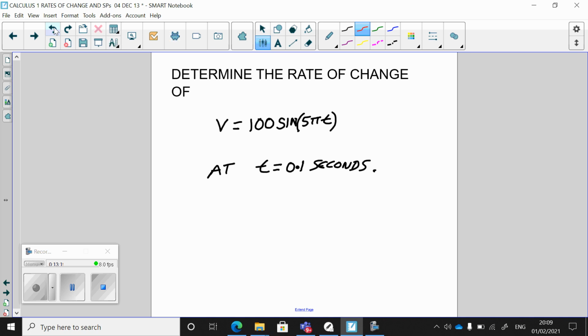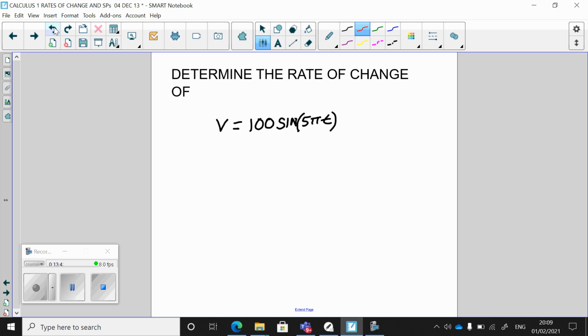Right, here's another one. Looks as if I forgot to scratch a pen out again. Determine the rate of change of what we've got there. That's V equals 100 sine, and inside the bracket is 5 pi t. And we have a value of 0.1 seconds representing t. Let's go and get a derivative.